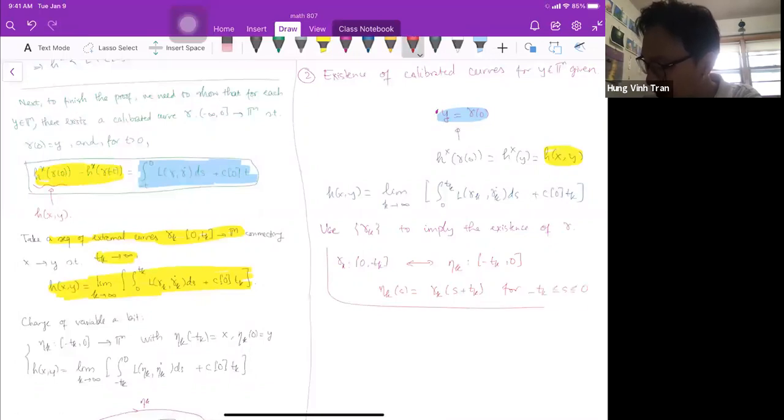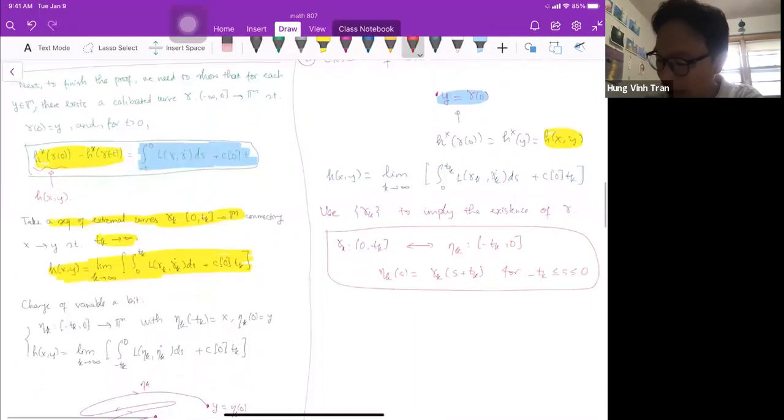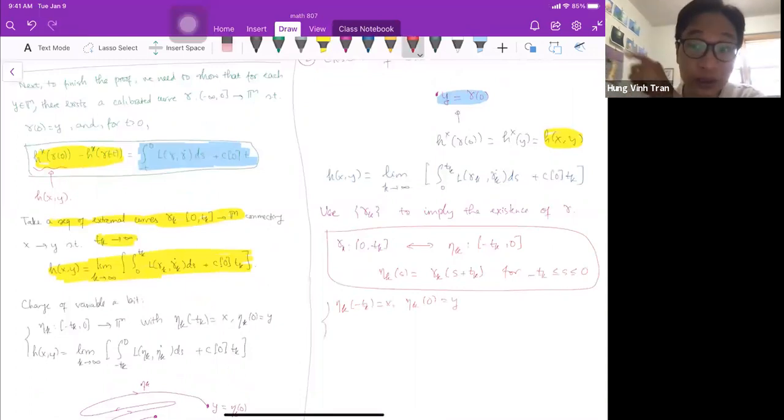Okay, just a little bit of change of variable. Then we have eta k, right? So we would have eta k of minus tk equals x, eta k of 0 equals y. And remember that eta k is always bounded, right? It's only in the torus.